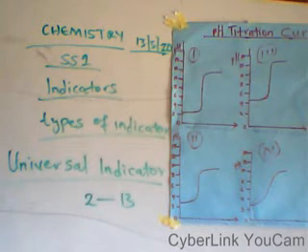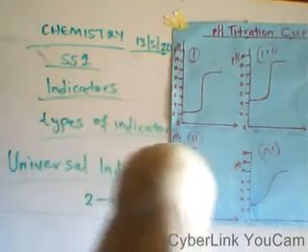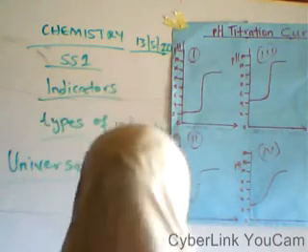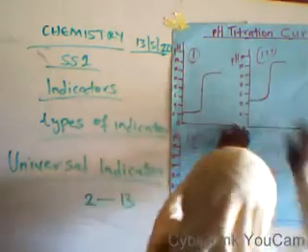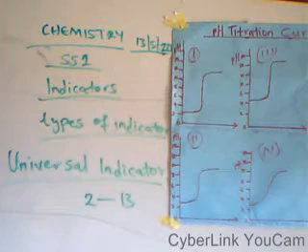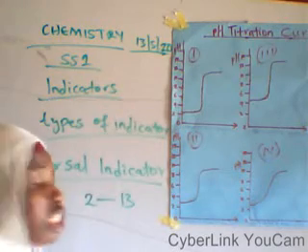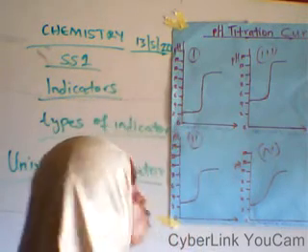Then we have weak acid versus strong base, which is the third one. The same process. And the indicator that is suitable for this type of titration is one that can detect change between 6 and 11.